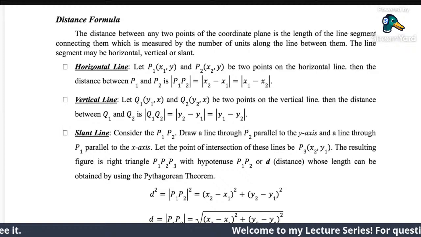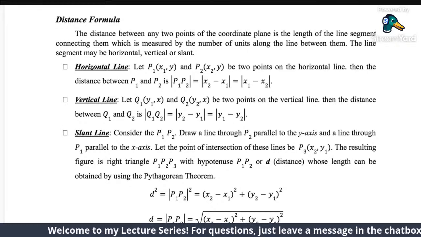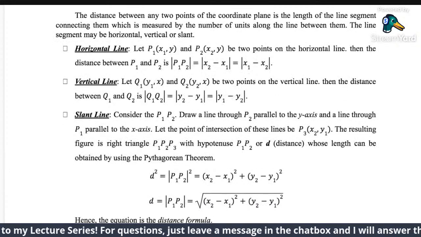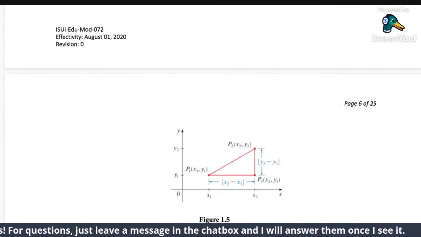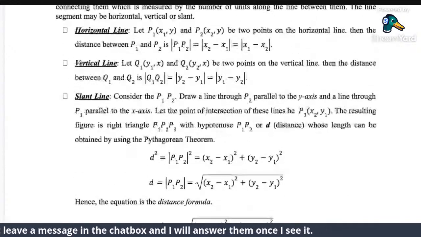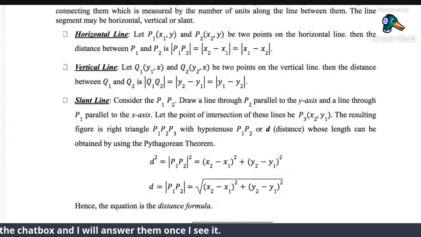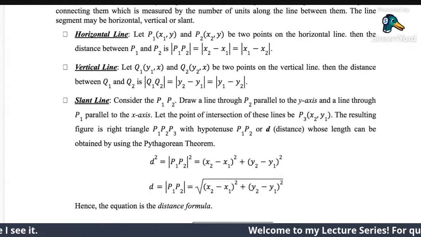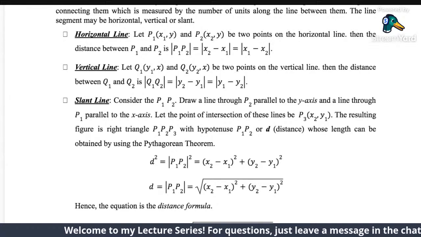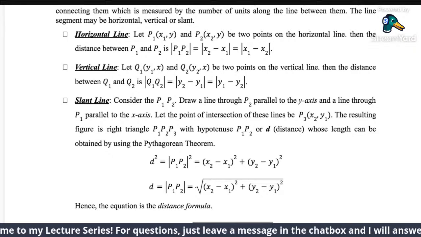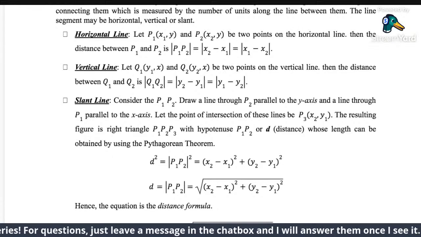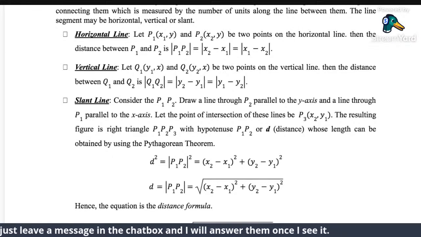So if we take 2 points that will form a horizontal line, if we let point 1 have the coordinates x sub 1, y, and point 2 have the coordinates x sub 2, y, be 2 points on the horizontal line, then the distance between point 1 and point 2 is just the difference of the x values, or x coordinates.